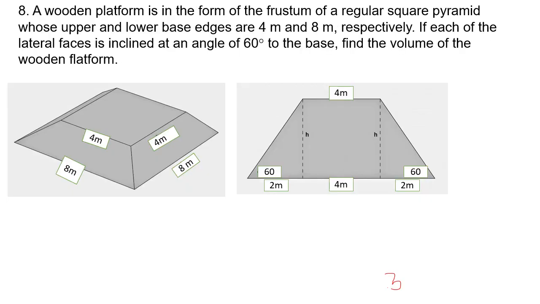For this number 8, a wooden platform, so this one is 4 meters, 8 meters, 4 meters. Find, if each of the lateral faces is inclined at an angle of 60 degrees to the base, the volume of the wooden platform. So your solution. So we have this one, but draw first the figure.